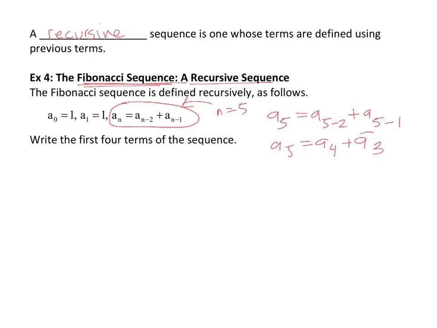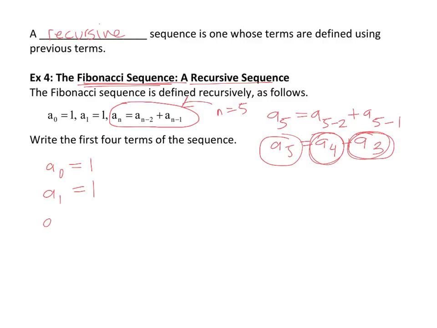I'm using previous terms, I'm adding them up in order to obtain the next term. All right, so here it says write the first 4 terms of the sequence. Well, I know the first term is 1, and I know the second term, which in this case is a sub 1, is also 1.